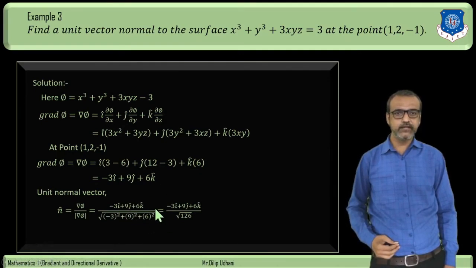So -3i plus 9j plus 6k, divided by: -3 square is 9, 9 square is 81, and 6 square is 36. So adding all the three terms, we have square root of 126. So this is the required unit normal vector to the given surface at point (1, 2, -1).